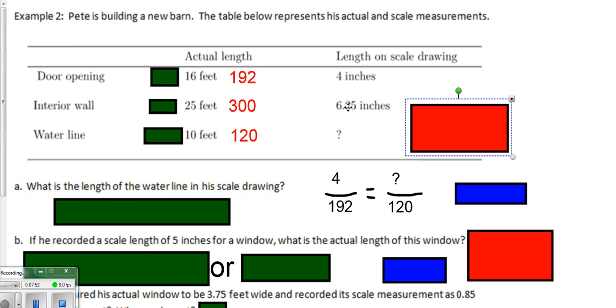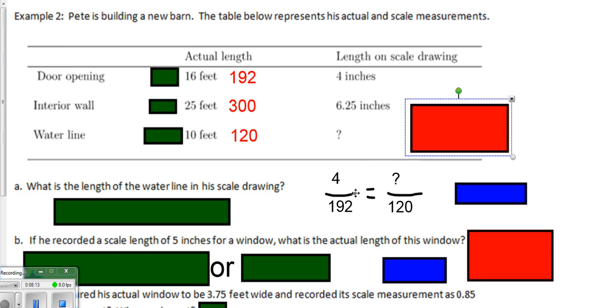Now I could use 6.25 over 300. I could do that just as easily because this is one ratio that fits, but I'm going to use 4 over 192 because there are no decimals in that one. Now we need to set that equal to this unknown number over 120. Again, scale on top, actual on bottom.